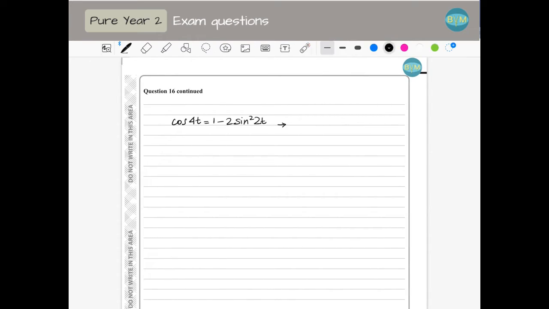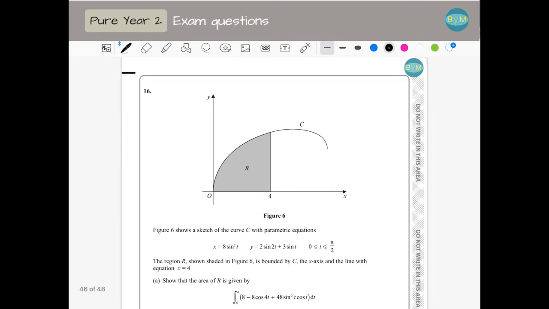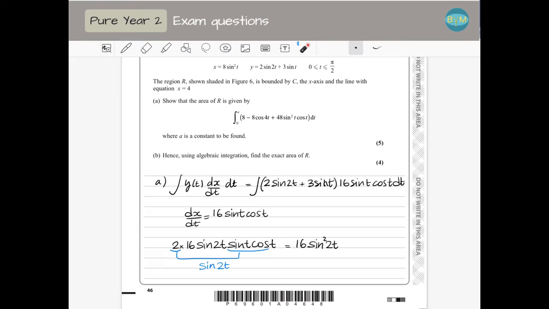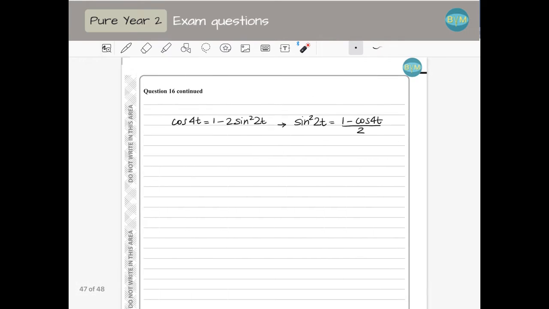Sine squared 2t, making it the subject, is going to be 1 minus cos 4t divided by 2, which is going to make things very easy because now I'm going to substitute here and I have 16 times that expression.